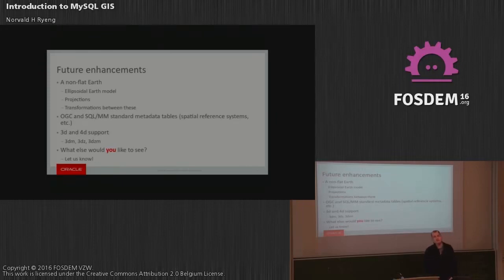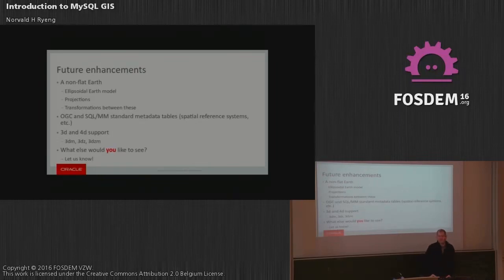We'll add some metadata tables that the standards say we should have. We really try to be standard compliant on this. I think we might end up being more standards compliant than PostGIS for what we do. 3D and 4D support. Adding data types is quite easy. It's the functions that will take time.